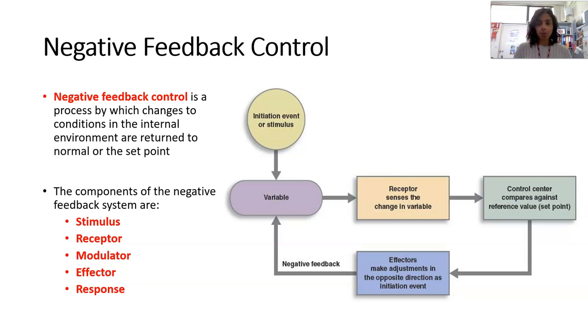That is passed on to a modulator or the control center. We have effectors that make adjustments, which then leads to a response. Now you'll notice in this diagram, there's no beginning and end. It's a constant loop. So we don't ever say that there's a start and an end in a negative feedback system. It's a continual process.